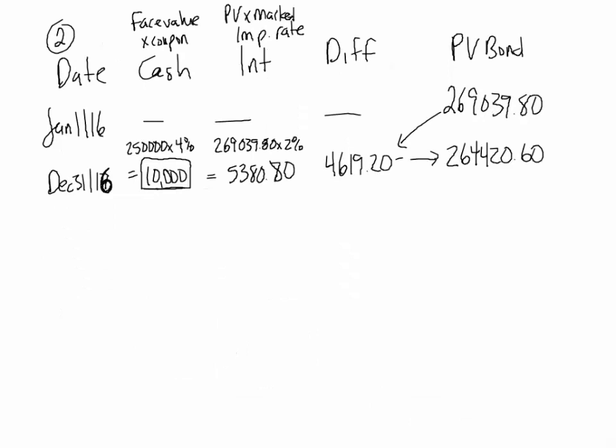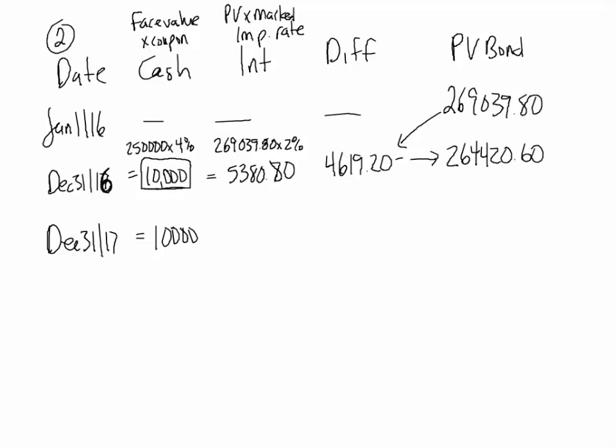Going back to my chart, here we go. We're going to do the entry now for December 31st, 2017. How much cash am I going to pay on December 31st, 2017? Exactly, $10,000. What is going to be my implicit interest?